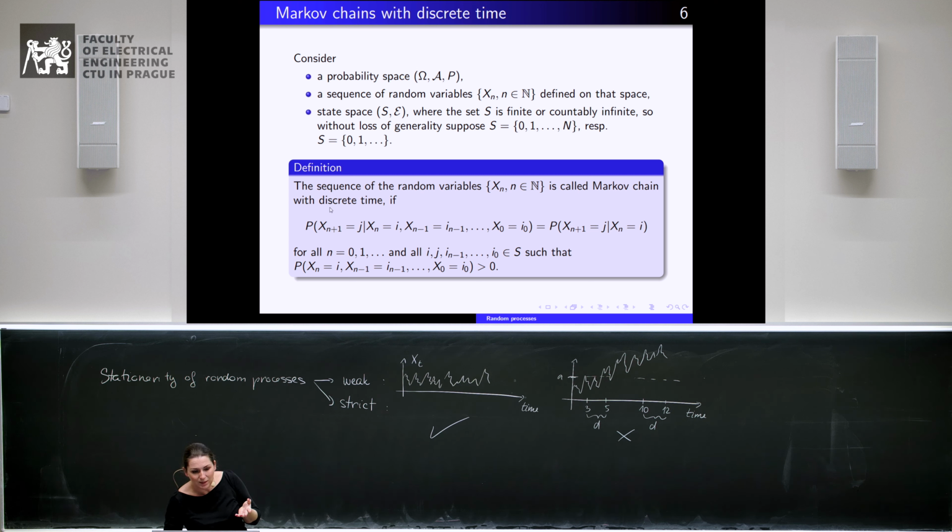Because the probability that the process will be in the state J when now it is in the state I, and in the previous times it was in some different states, is equal only to the probability that now we are in the state I, and everything that was before is forgotten. So that's the Markov property. The future evolution of the values depends only on the present value, on the last known value.